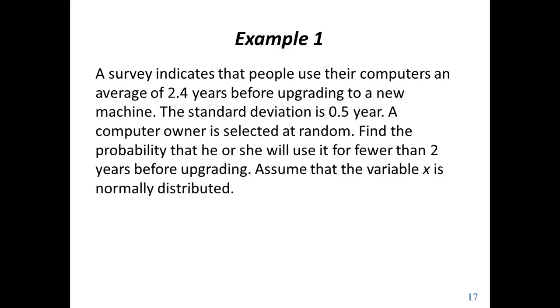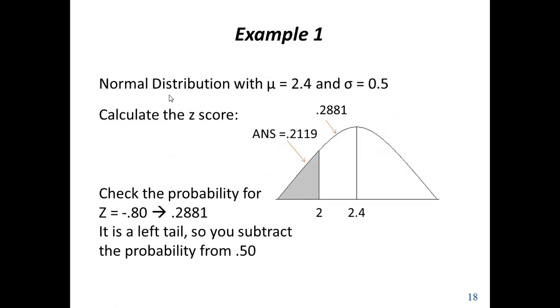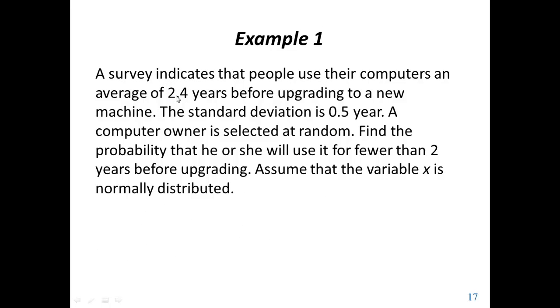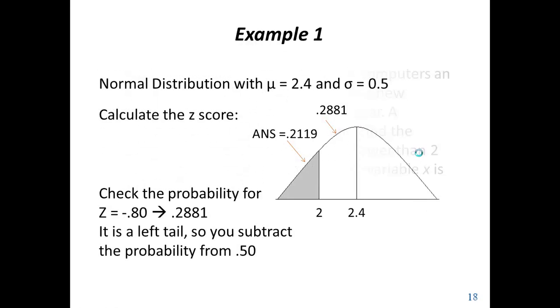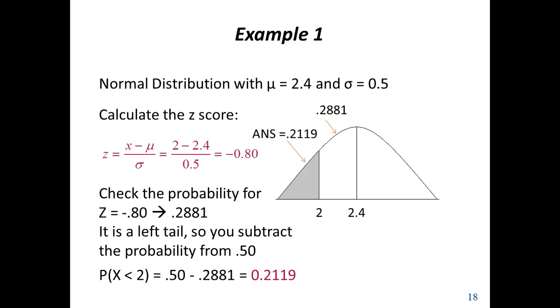Now let's see an example where the z-score is not given. For this problem, we know mu is 2.4. We know the standard deviation is 0.5, and then what is the probability less than 2 years before upgrading? So x would be less than 2. First of all, we have to calculate the z-score. So the z-score is -0.8.